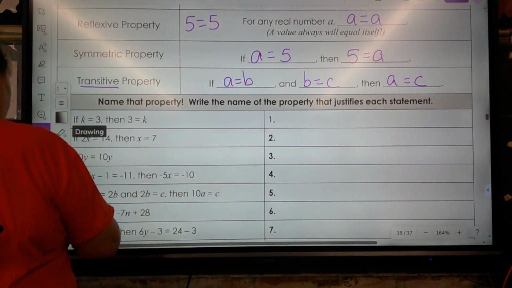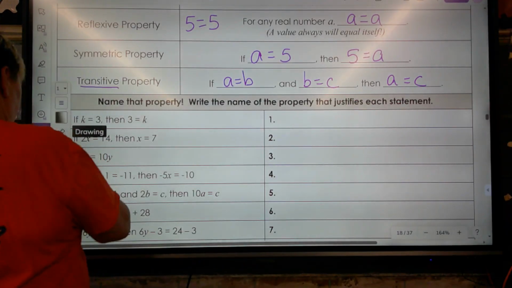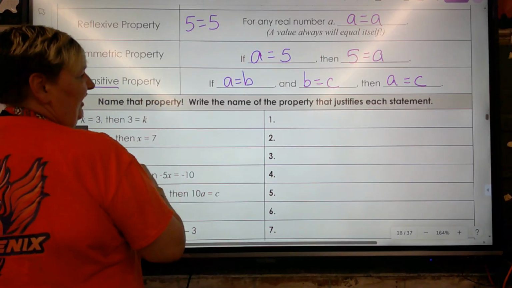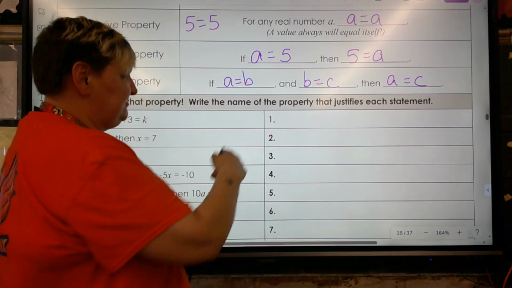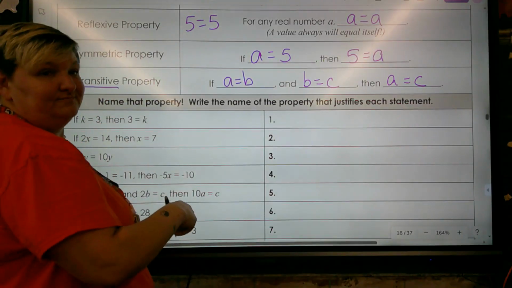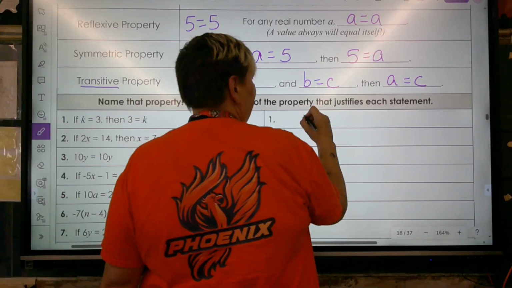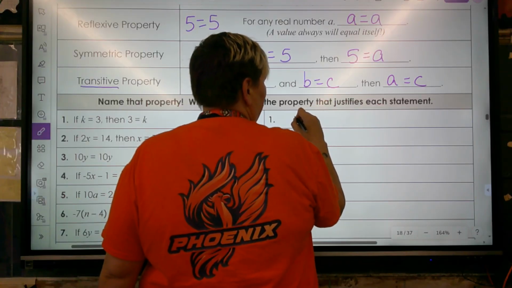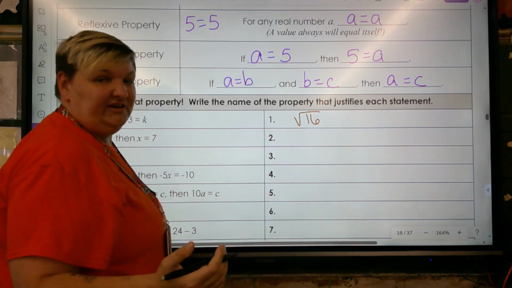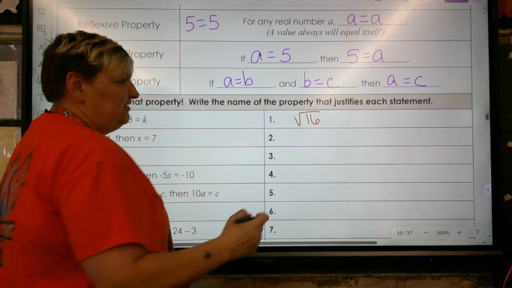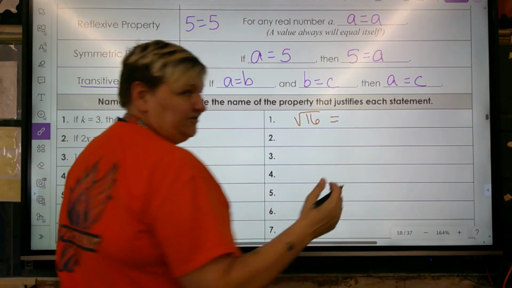It's handy because what if you have, I'm going to use this line, but we're going to erase it because this is not part of this. So what if you have square root of 16 and you want to turn it into something else? What if you don't want to have to deal with the square root?